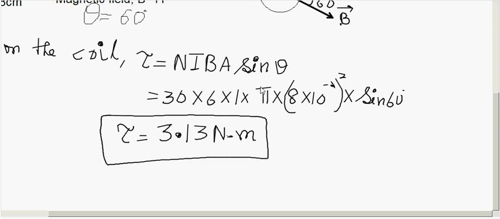Now we need to apply a counter torque of the magnitude required to prevent the coil from turning.